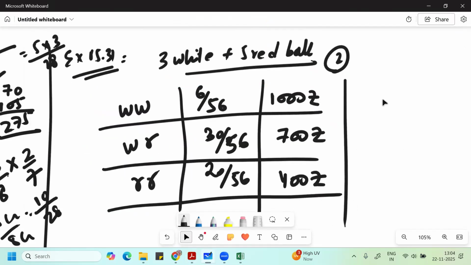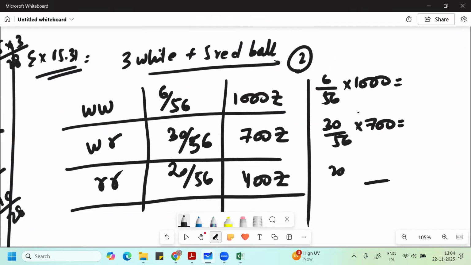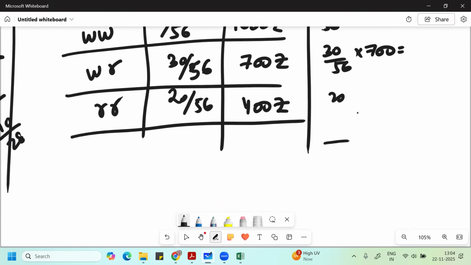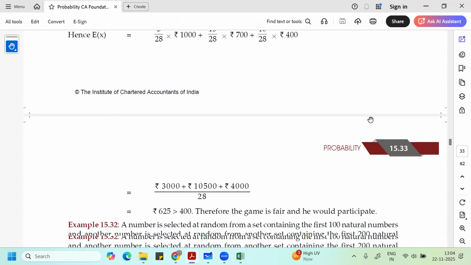Then just multiply 6 by 56 into 1000, then 30 by 56 into 700, then 20 by 56 into 400, and then take the sum of this. If you do this, you'll get the expected value.